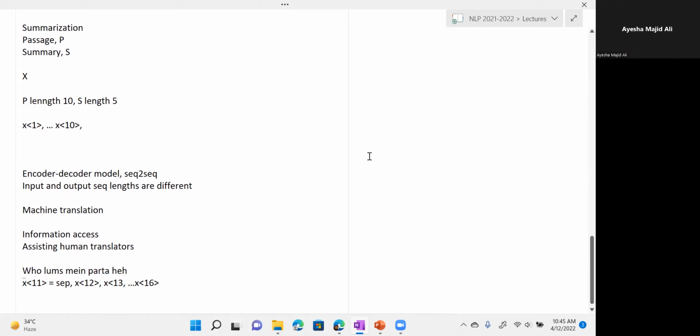So if you want to translate this into English, the correct translation for this would probably be, he studied at LUMS. So you notice that we have translated this and all the information is captured, as well as both the sentences are in correct language, meaning that they are linguistically and semantically and grammatically correct in the two languages.